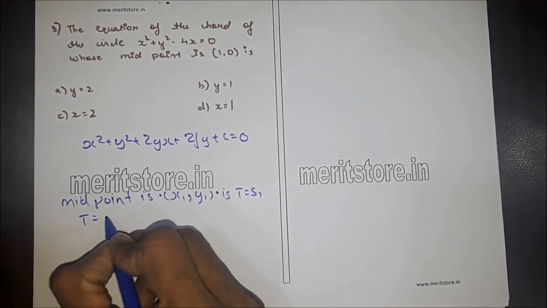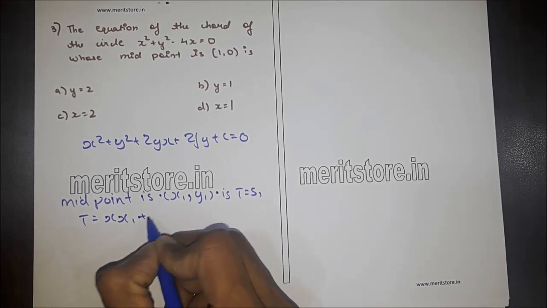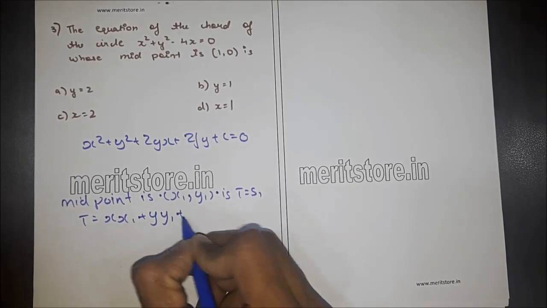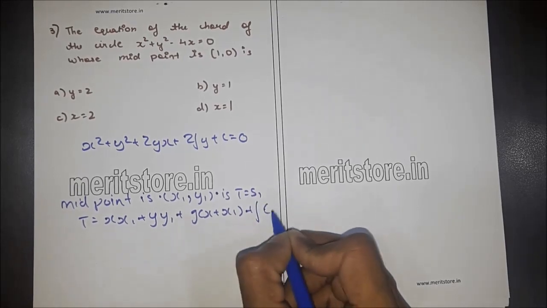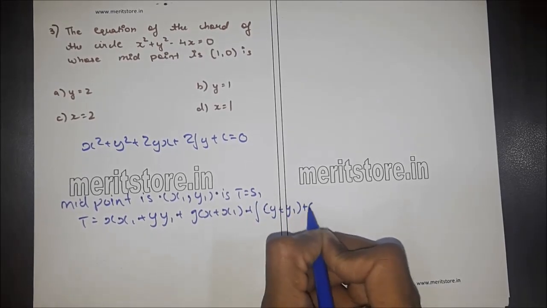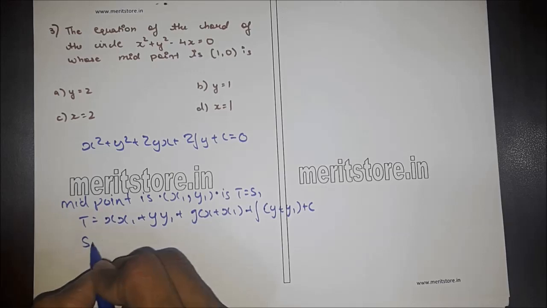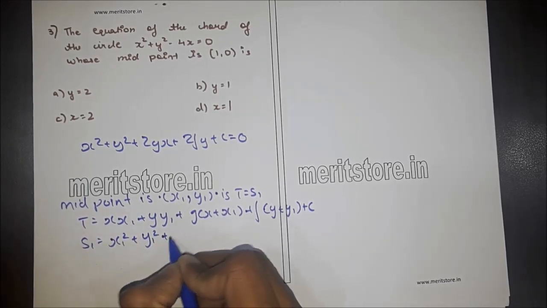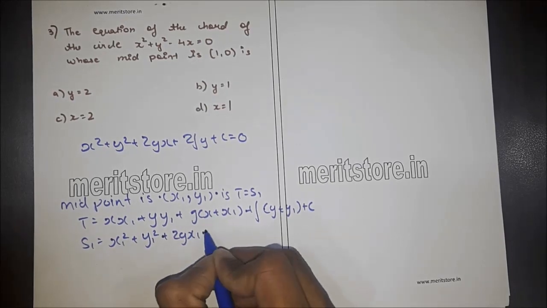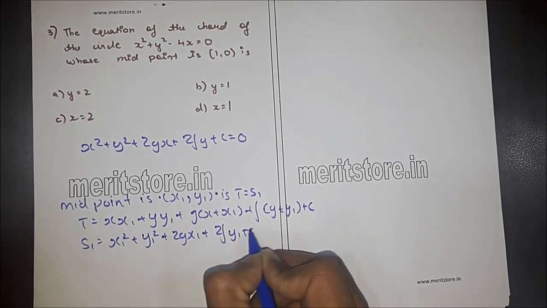T equals x x1 plus y y1 plus g of x plus x1 plus f of y plus y1 plus c, and S1 is given as x1 square plus y1 square plus 2g x1 plus 2f y1 plus c.